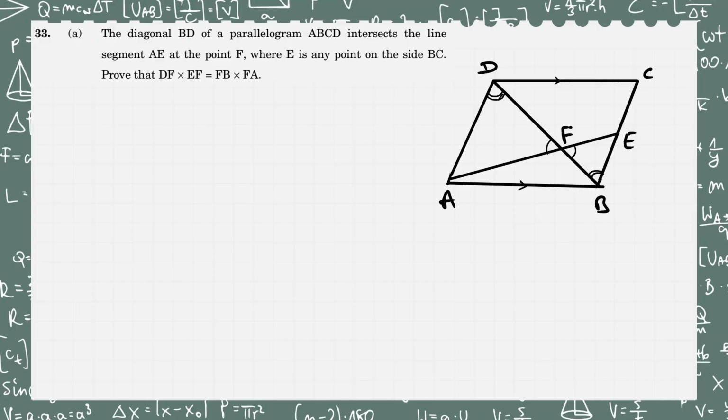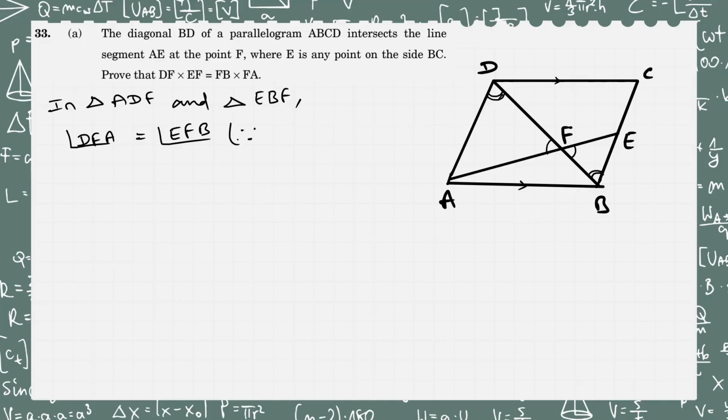So we have to write everything step by step. So let's see how to do that. In triangle ADF and triangle EBF, angle DFA, the angle at F, equal to angle EFB.